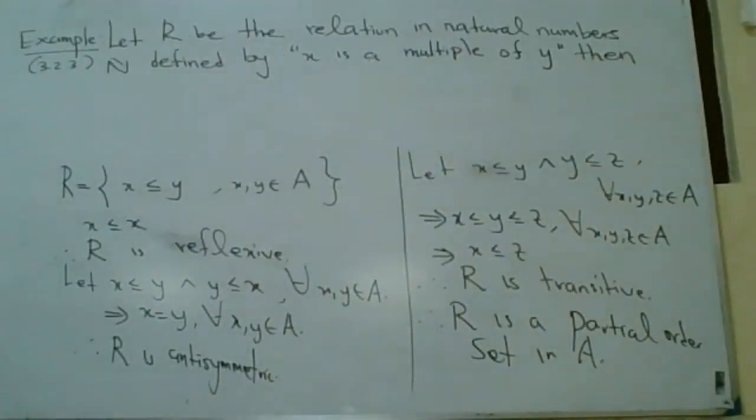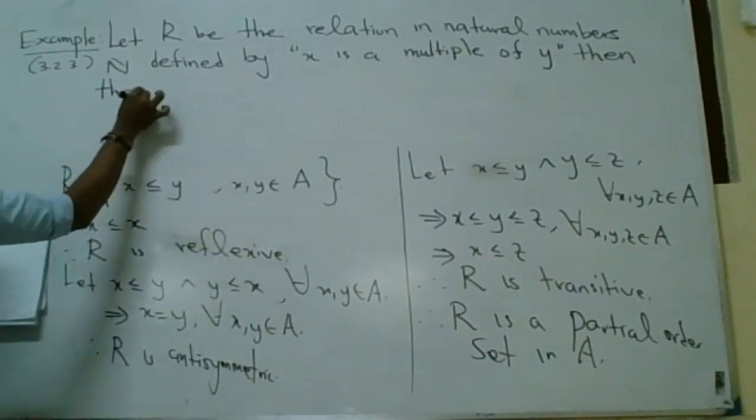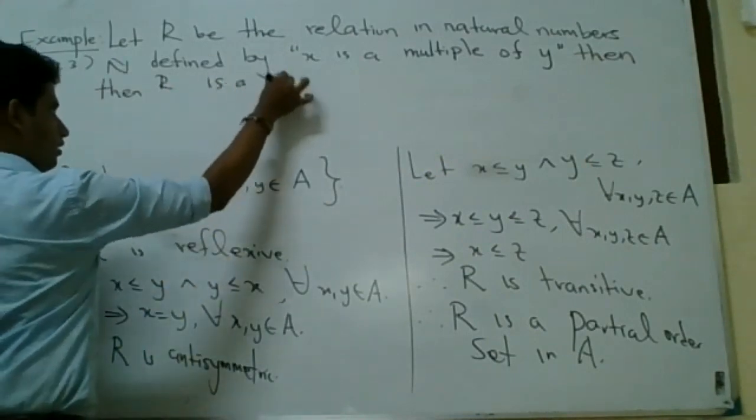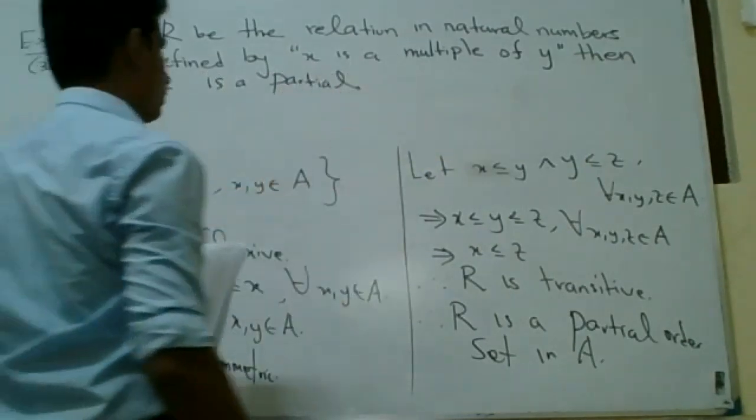Then R is a partial order in natural numbers.